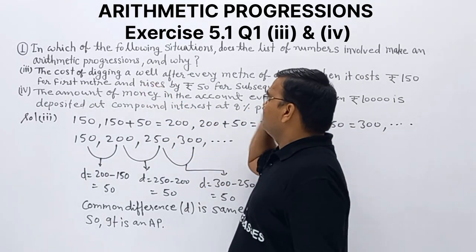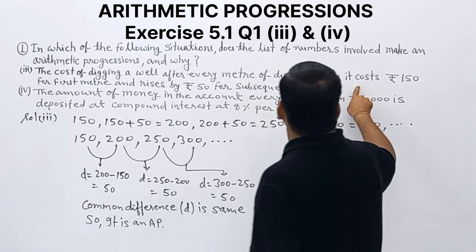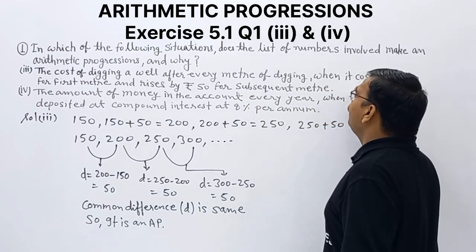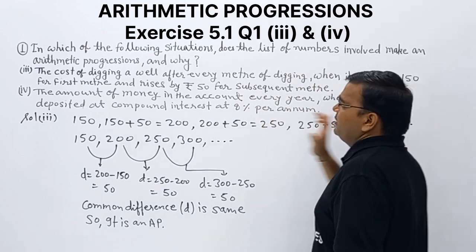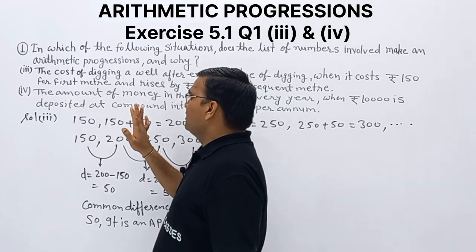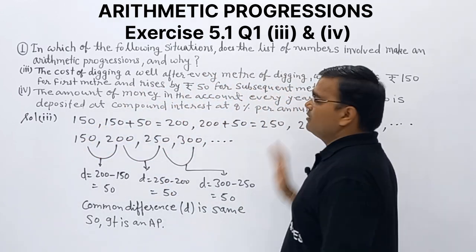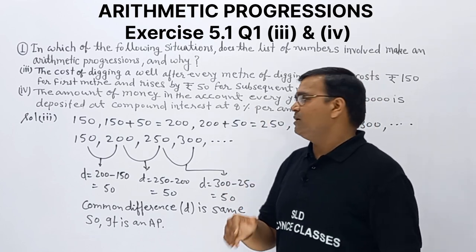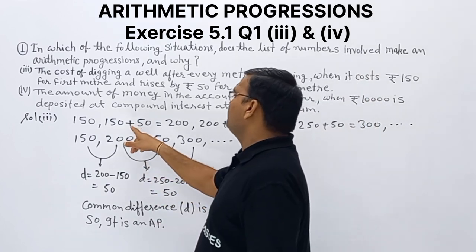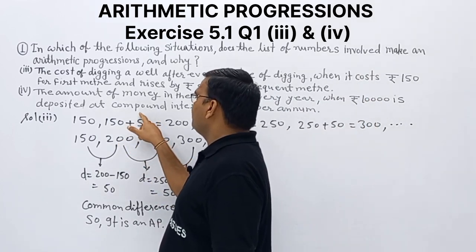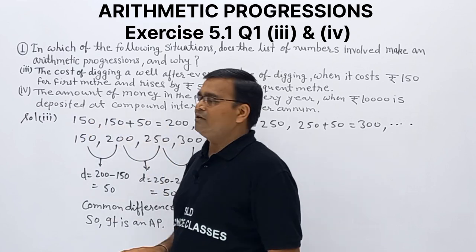We are having the cost of digging a 1 meter well as 150. Clear? And it rises by rupees 50 for each subsequent meter. For the next meter of digging, the cost will be increased by 50 rupees over the initial.